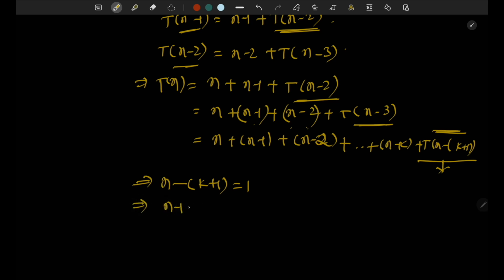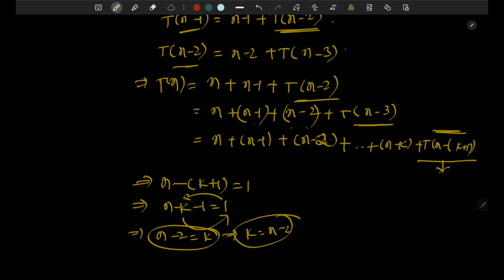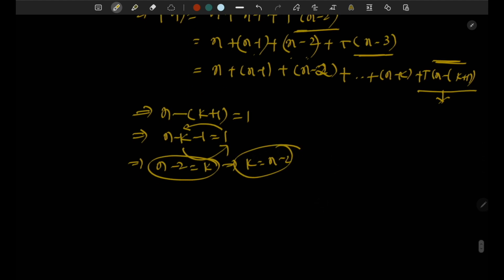This is n minus k plus 1 equals 1. We can take the k this side and bring 1 on this side, so this will be n minus 2 equal to k, or k is n minus 2. For this value, that is k equals n minus 2, we are going to hit the base case and eventually all of this will stop.